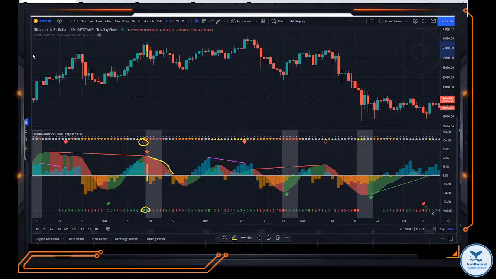Same in the other direction. You see the 9 here, the perfect 9, entering the potential reverse zone. You see trend momentum reversing in the zone. There are no supporting divergences in this case. Just checking if the indicator was right.